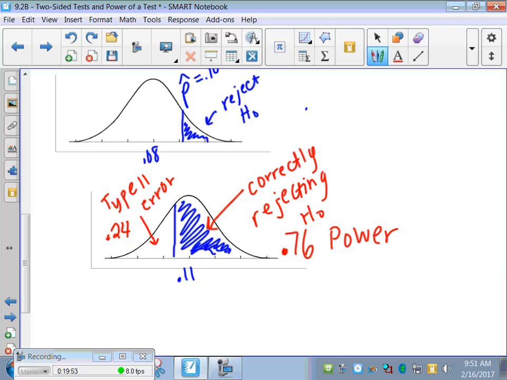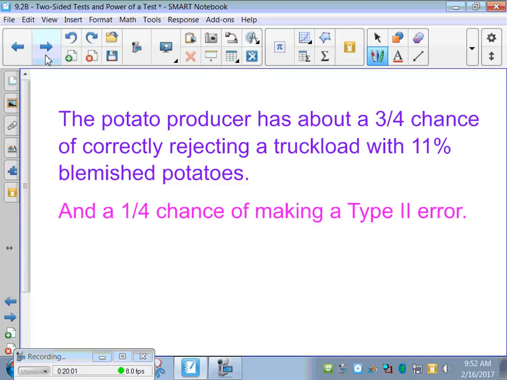Okay, so correctly rejecting the null gives us that power. So the potato producer has about a 3/4 chance of correctly rejecting a truckload with 11% blemished potatoes. That means he also has a 1/4 chance of making a type 2 error. So we want power, right? The more power, the more we're going to do it right, hopefully.